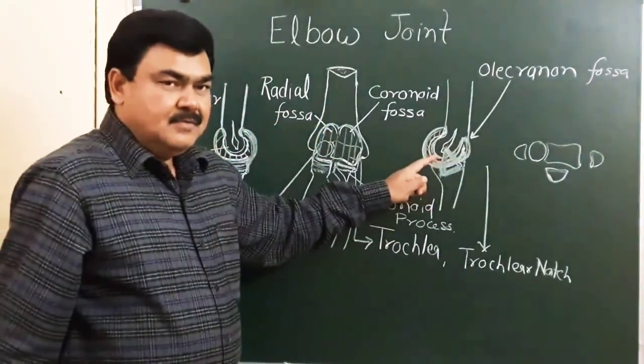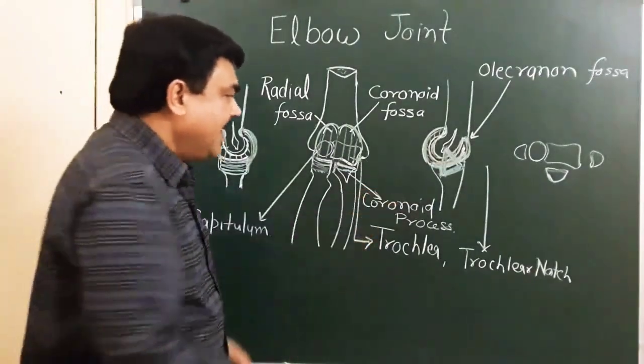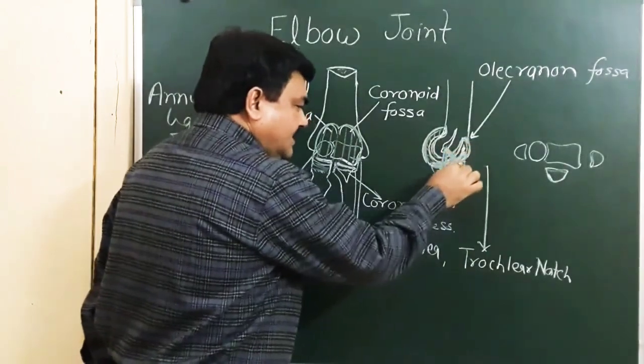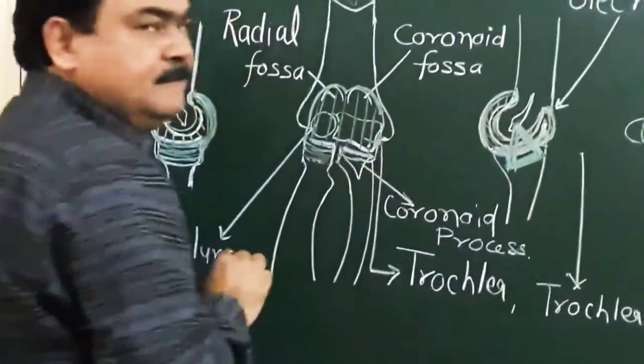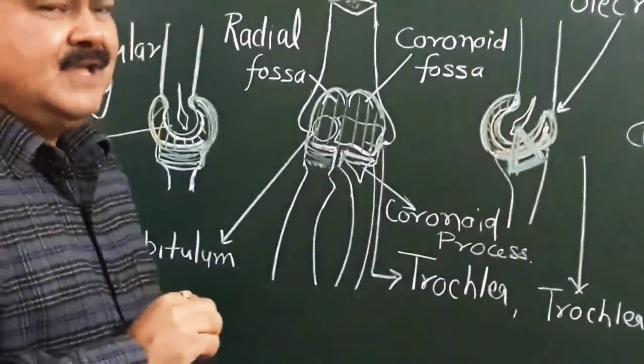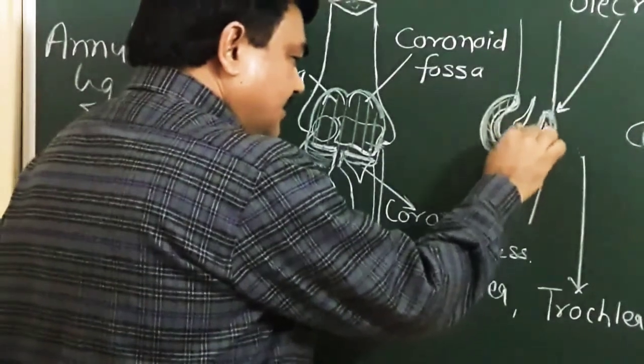This is the ulnar collateral ligament. It has three bands. This is the anterior band, this is the posterior band, and this is the oblique or inferior band. At the site of the three bands, it is thick, and in between these, it is thin.